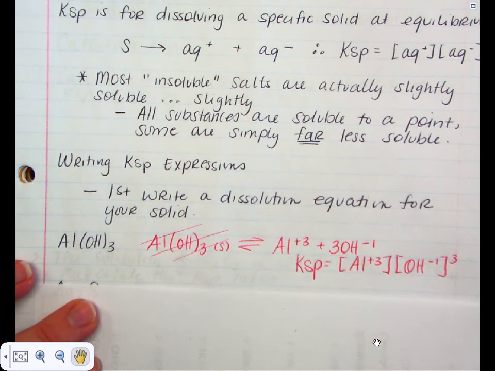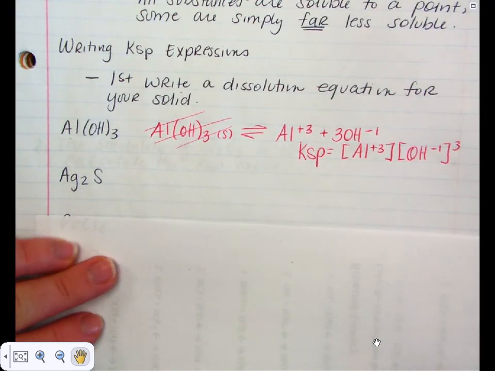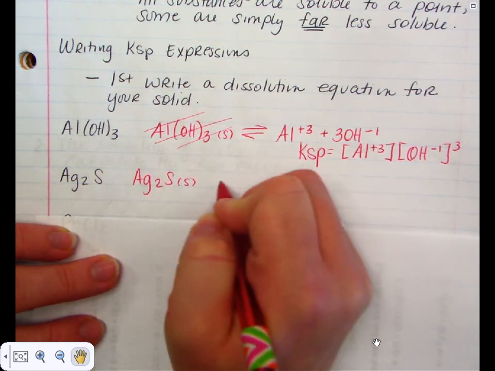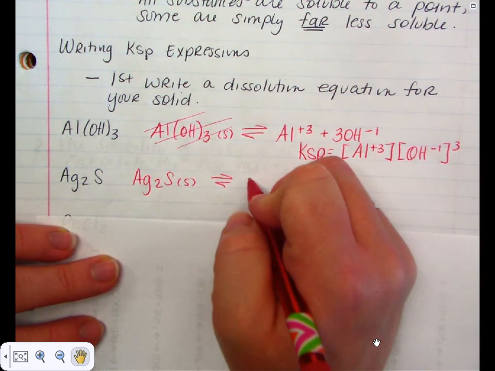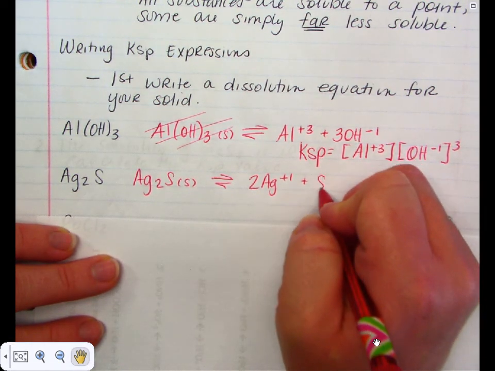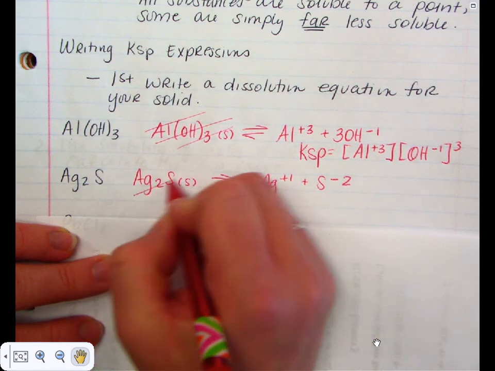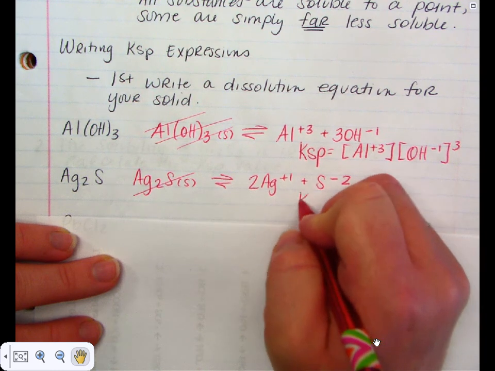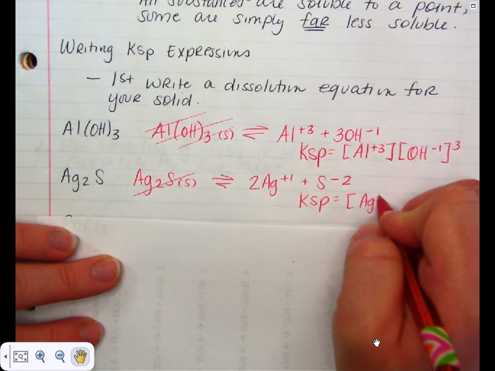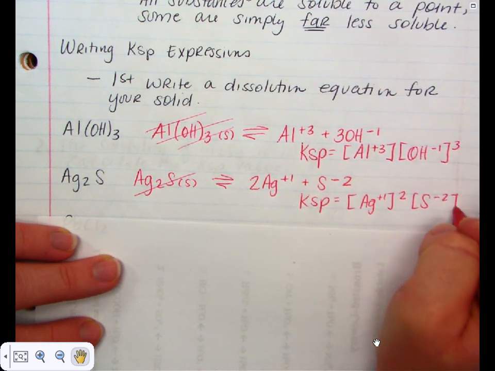Okay. All right, let's do another one. So silver sulfide, Ag2S solid. It's going to break down into 2 Ag plus 1 plus S minus 2. And again, leaving out our solid is going to give me a KSP of Ag plus 1 squared times S minus 2.